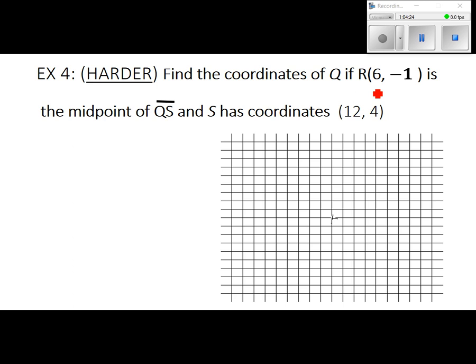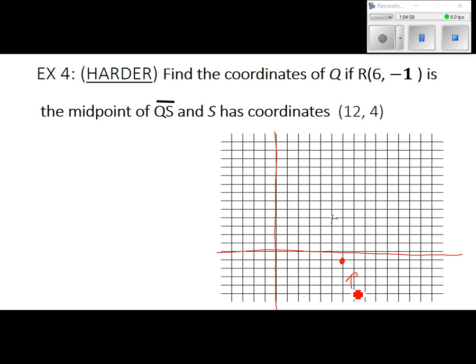So, I'm gonna go ahead and draw this. That's 12, 4, and 6, -1, so I probably need more space to the right. So R is 6, -1. That's R. S is 12, 4.